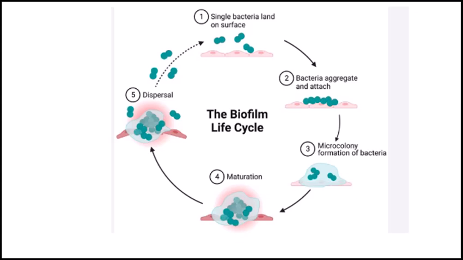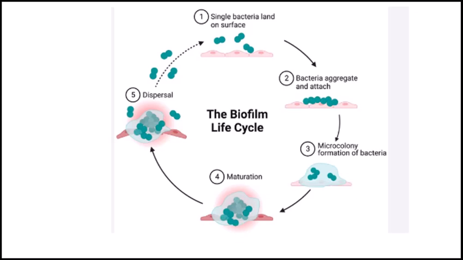Microcolony formation: bacteria multiply and form small clusters. Then maturation: the bacteria produce alginate, the biofilm matrix, which becomes thicker, stronger, and well organized. So it's a fully developed biofilm.